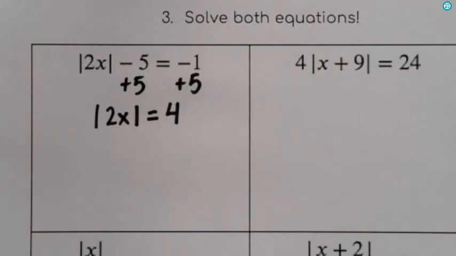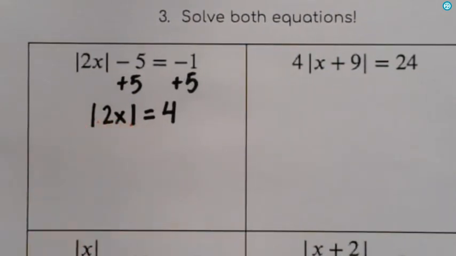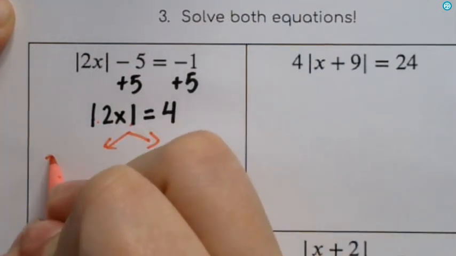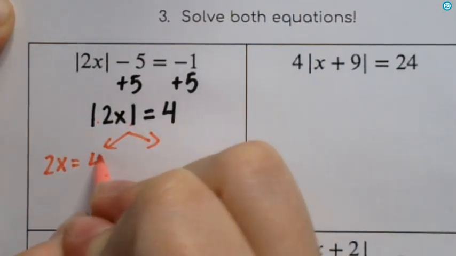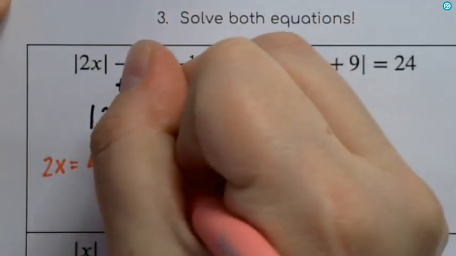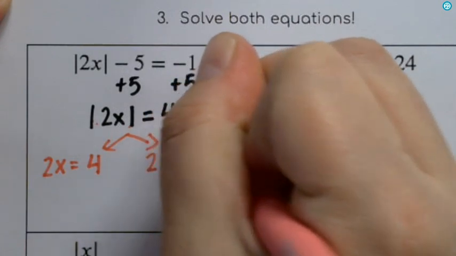Okay. Now, is there anything outside this absolute value here? No. So we are ready to split, and we are literally going to split into 2 separate equations, and you want to write those down. So I like to draw an arrow, and I say I'm going to solve 2x equals 4, and I'm also going to be solving 2x equals negative 4.